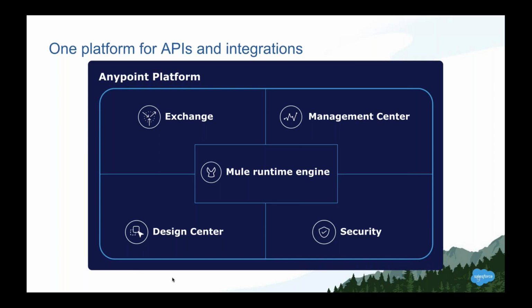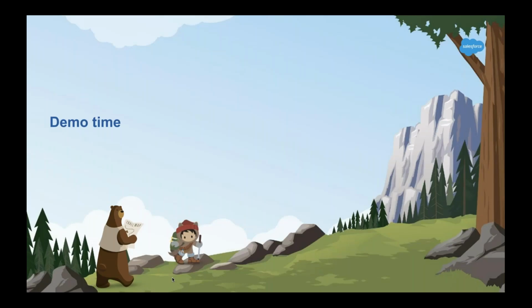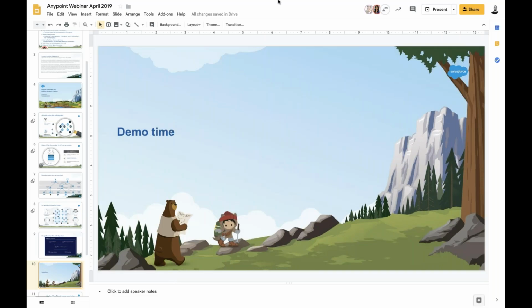And last but not least, this is the main part where we'll have our demo, is the design center, where you actually craft your APIs or where you craft your applications. And all of that is powered by the Mule runtime engine. This is the cloud or on-premise, you choose, engine where you can actually run the whole Anypoint Platform environment. Now, having said that, I would say it's time for demos.